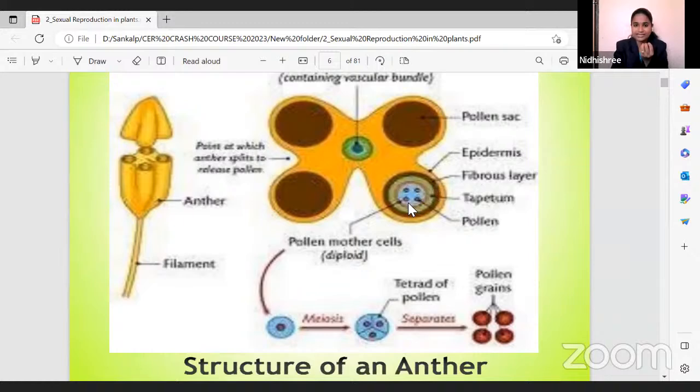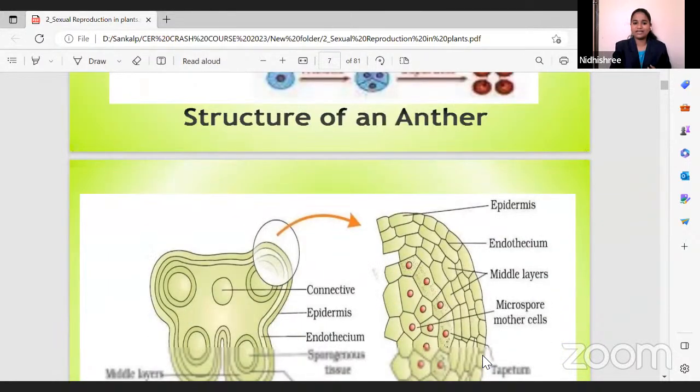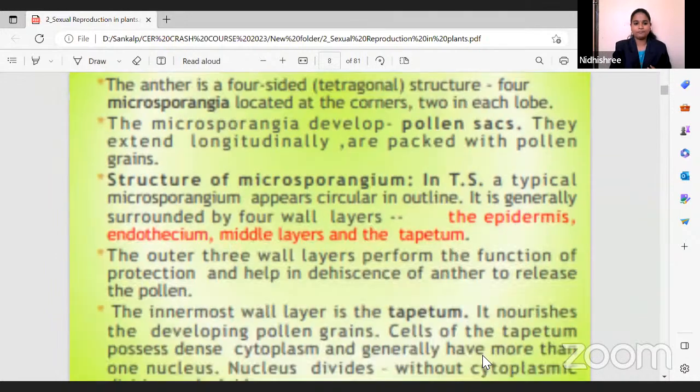What are pollen grains in plants? Those are the male reproductive cells in the plants. Male gametes in the plants are nothing but pollen grains. Another name for pollen grain is microspores.